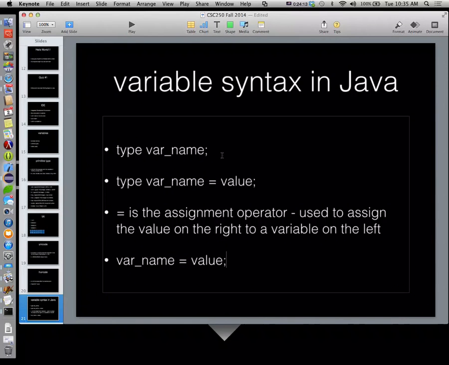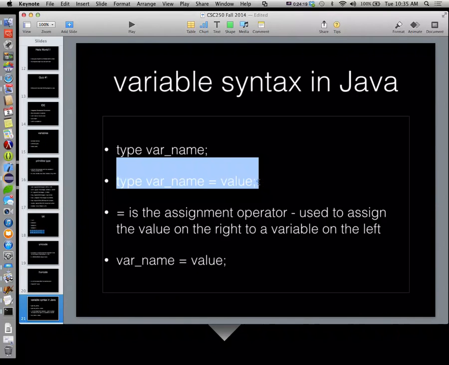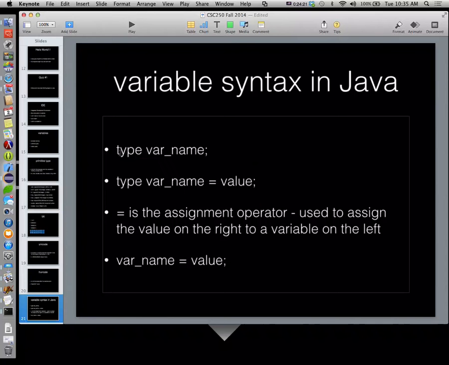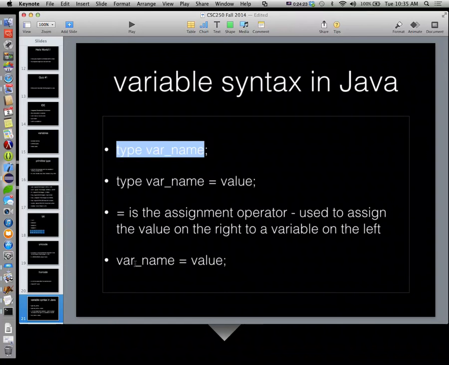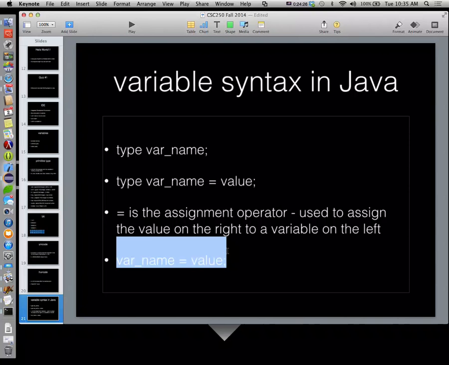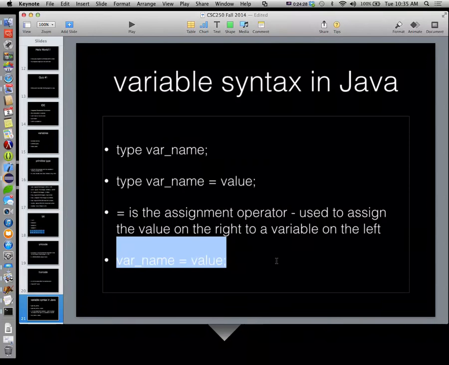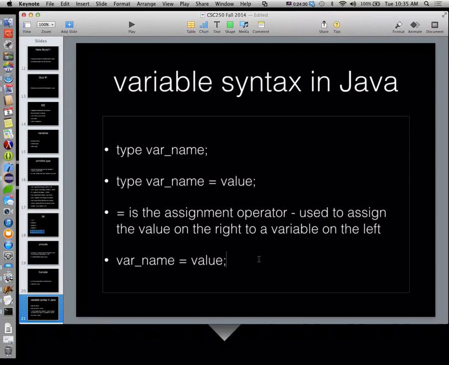It can also be embedded into the definition of a variable up here. So really, this one line right here is a combination of defining a variable and giving it its initial value, all in one line. Okay, but the single equal sign is assignment.